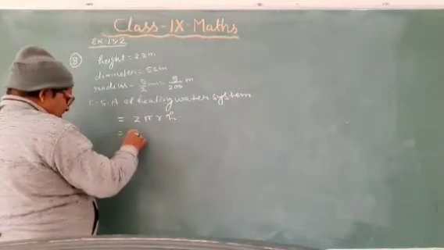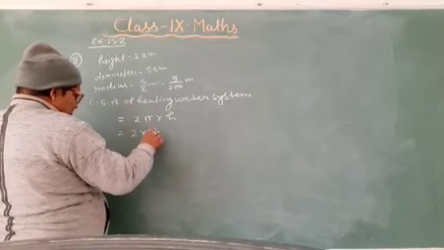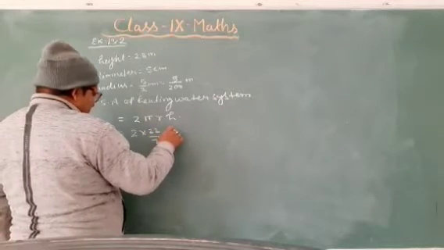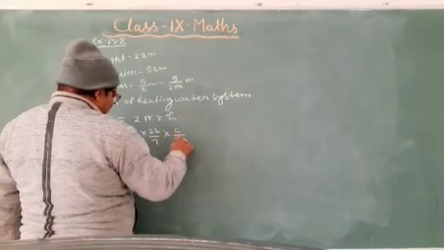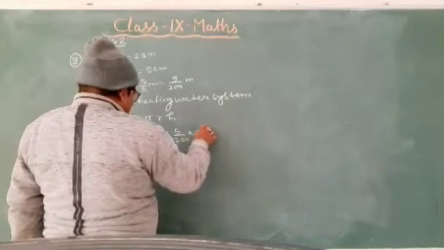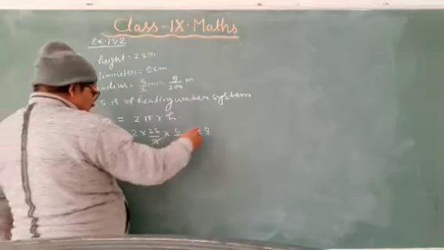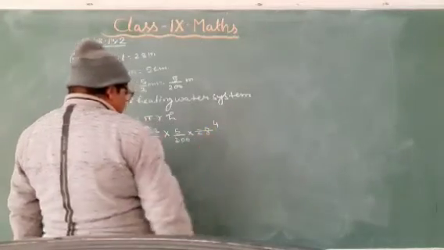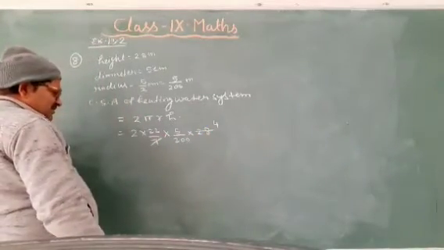Now 2 into 22/7 into 5/200 into 28. 7 4s are 28.